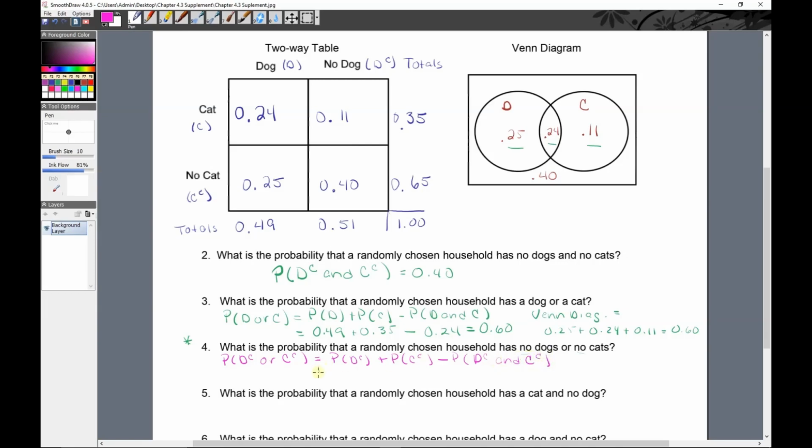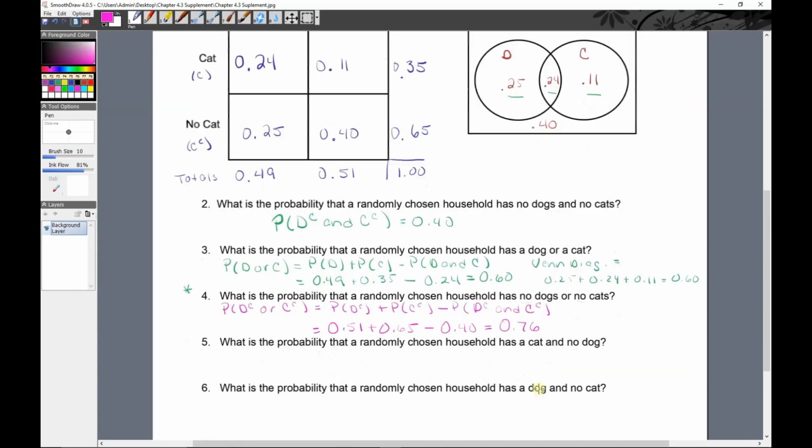Interesting. We know all of these things. The probability of not owning a dog is 0.51. The probability of not owning a cat is 0.65. And the probability of not owning either one is 0.40. And if we put those all together, we will get 0.76. There it is.